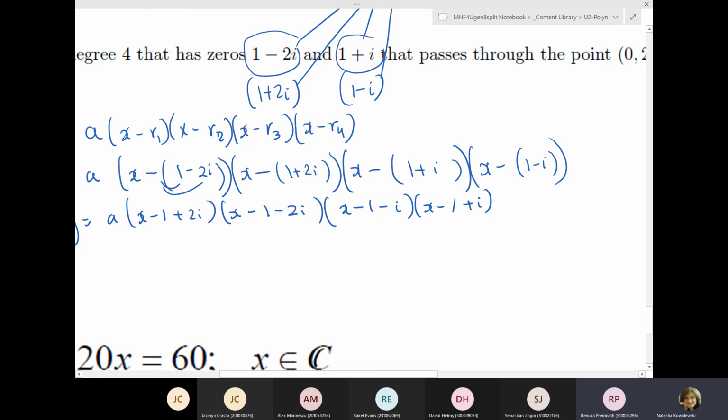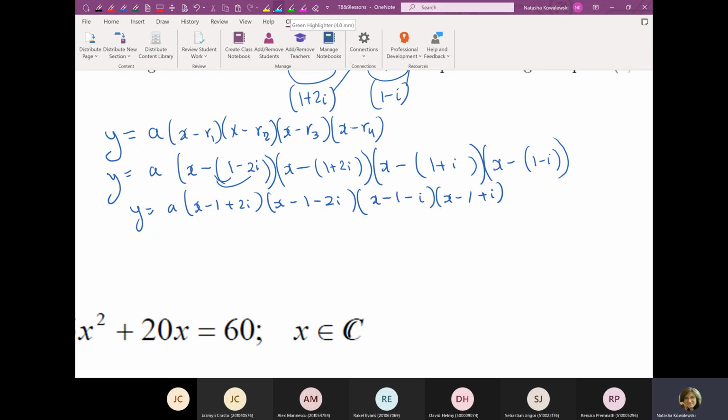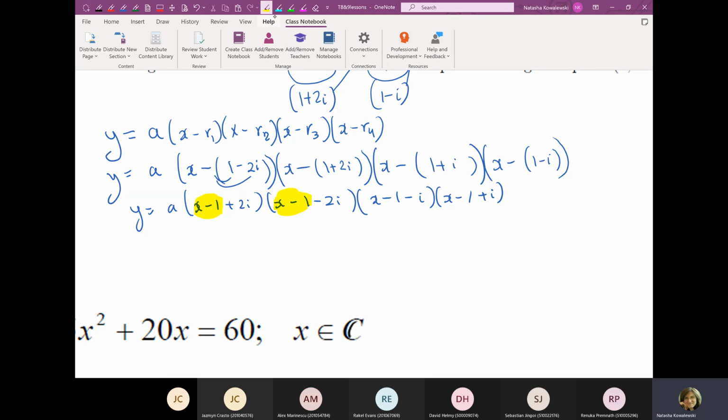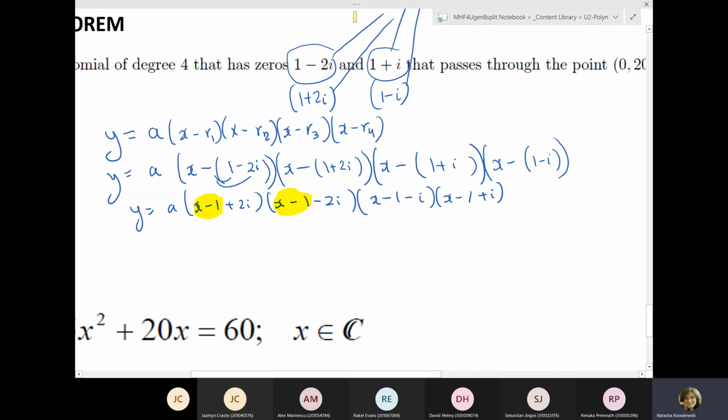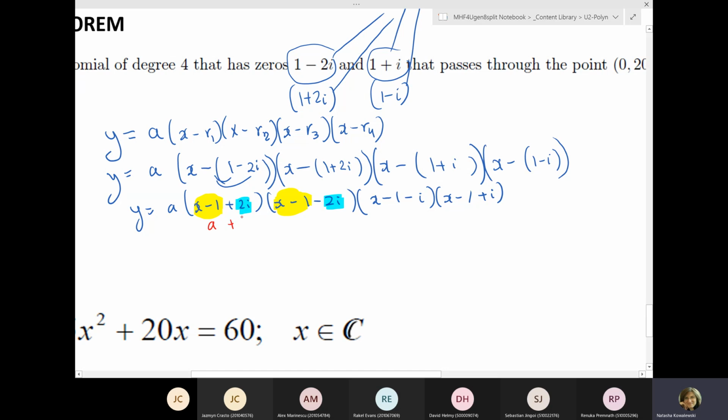So I'm going to highlight some things that will help us to do this difference of squares. This x minus 1 and this x minus 1, think about it as if it's one entity, and then we have plus 2i, minus 2i. Do you agree that that's kind of like a plus b and a minus b here?